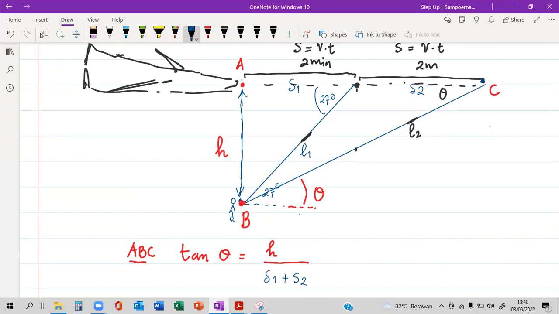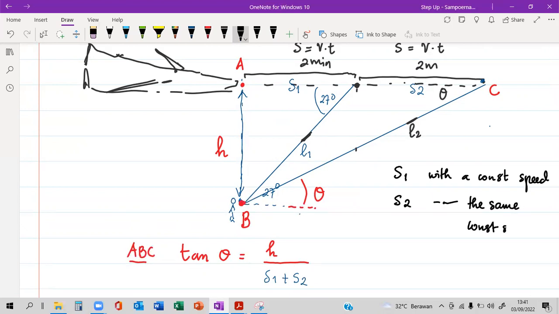We get the information that S1 is traveled with a constant speed, and this constant speed is also used to travel S2 with the same constant speed. It means that S1 is equal to S2. Is it clear?